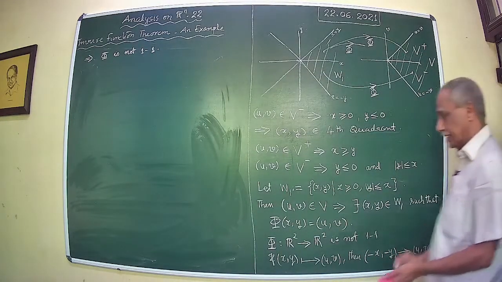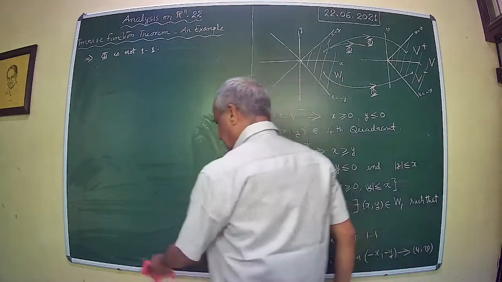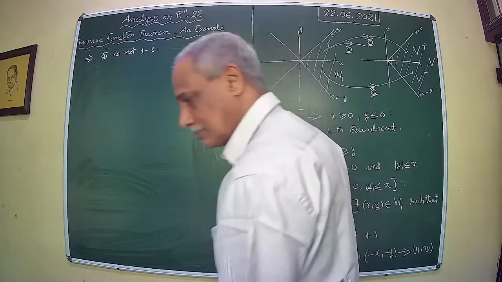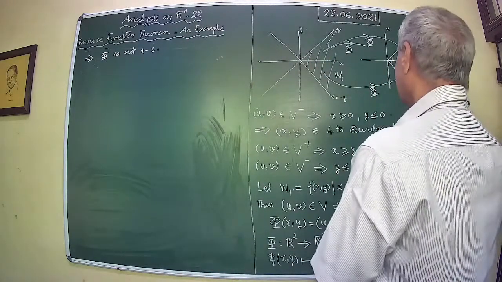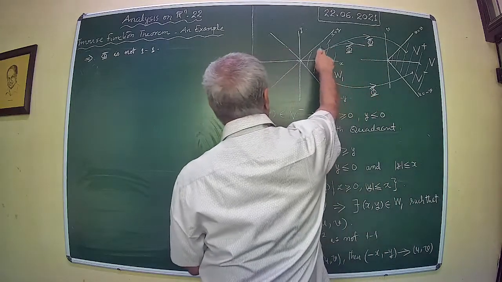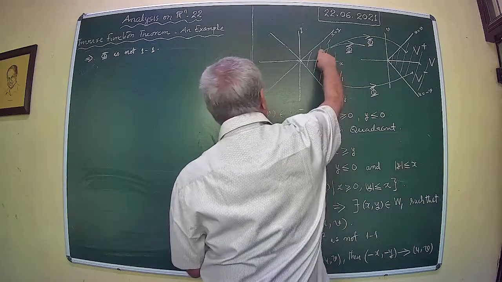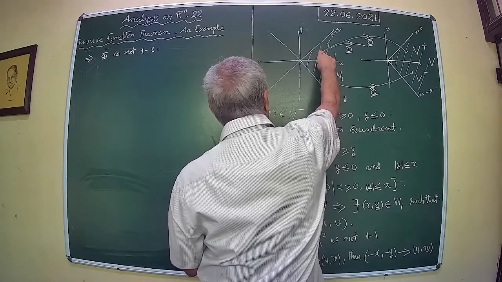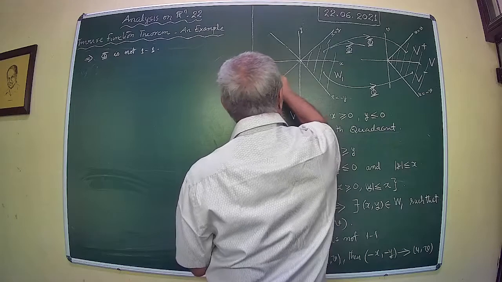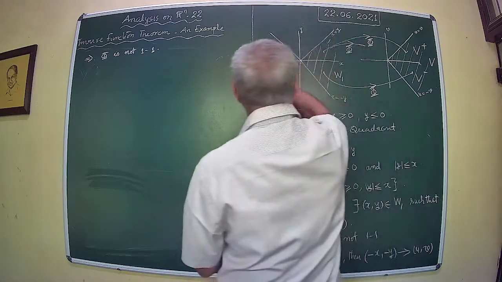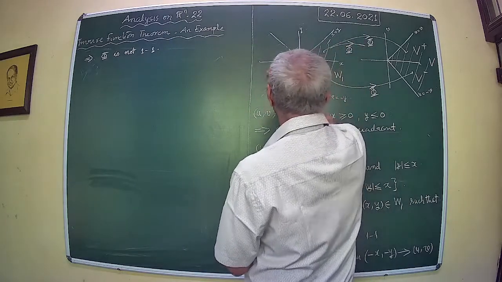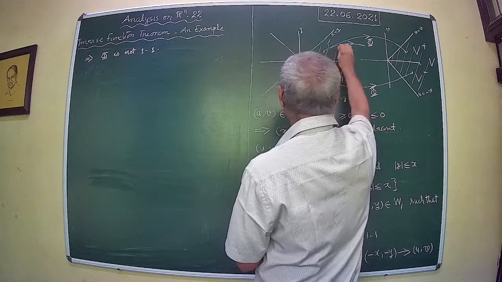So let us consolidate what we teach. So if your xy happens to be in W1, then minus x minus y happens to be in the third quadrant, but on this portion. Here, because you are just drawing the line and then doing this.